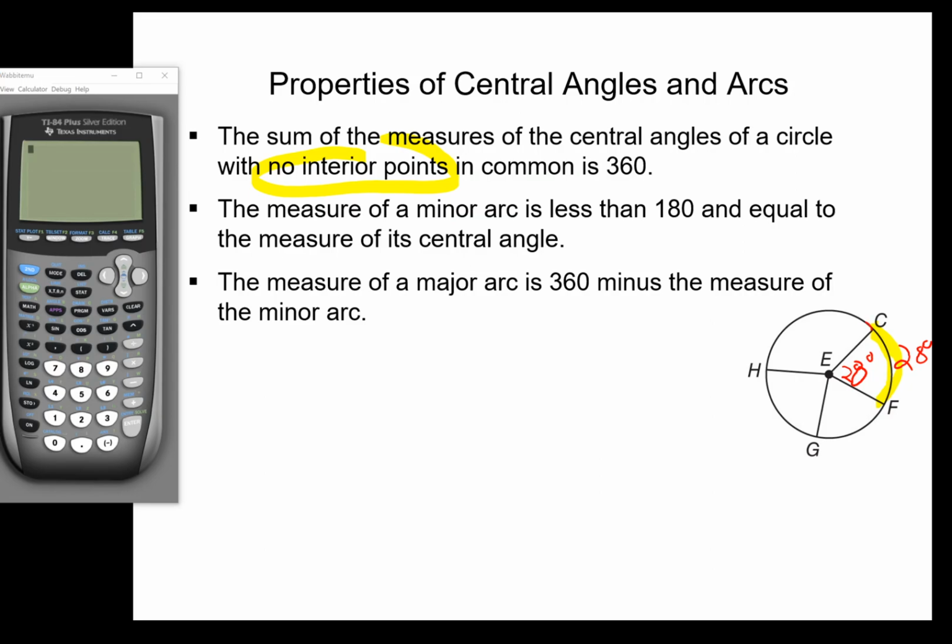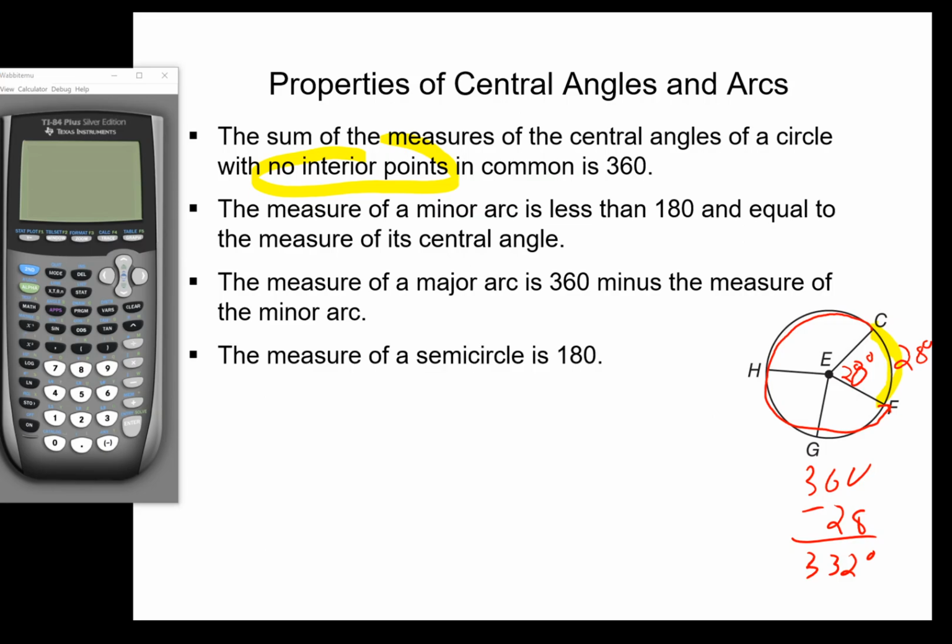So our major arc here, all the way around this way, is going to be 360 minus 28, which is 332 degrees. The measure of a semicircle is 180, since that's on a diameter and it's exactly half a circle.